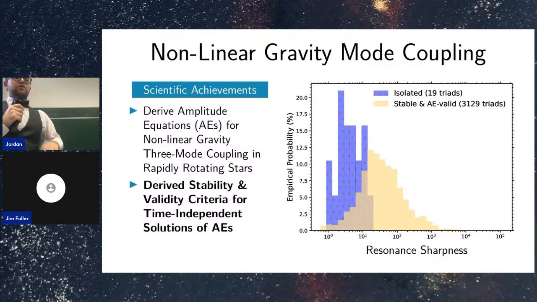But in order to do that, we want to make sure that we have a valid solution that is time independent and which can also sustain some small change in the parameters without diverging away from that time independent solution.